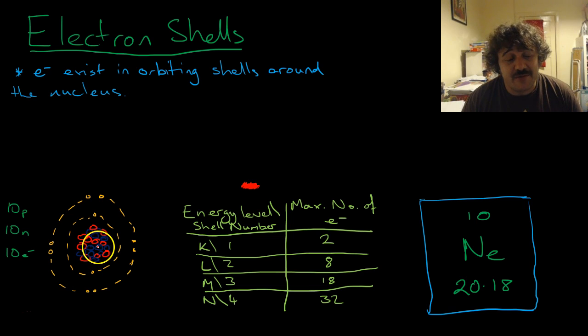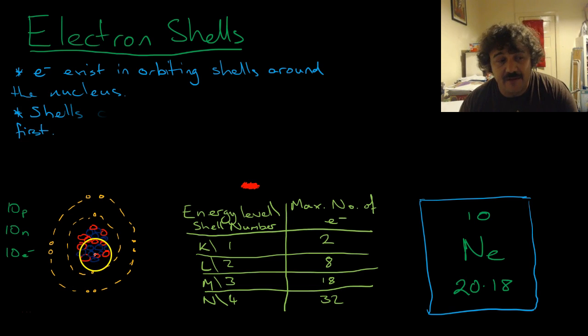The nucleus is really small compared to the electron orbits, but we always draw it a bit larger just to make our diagrams easier. Keep in mind that most of what you're looking at is actually empty space, and it's just repulsive forces. Anyway, that doesn't matter. What matters is that the nucleus itself is really, really tiny compared to the orbits, but we draw it larger just so we can see what we're dealing with.